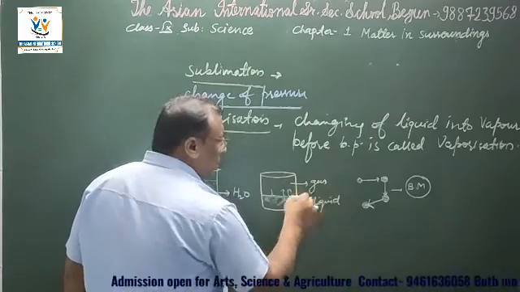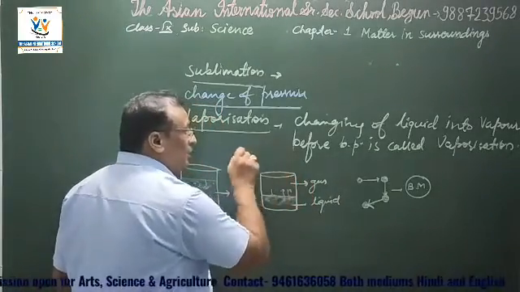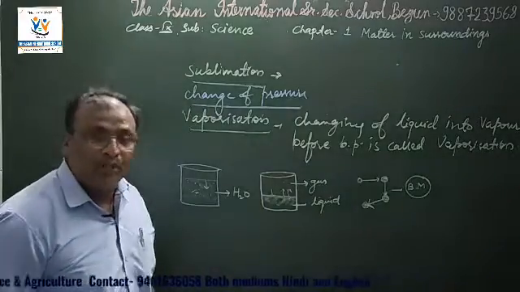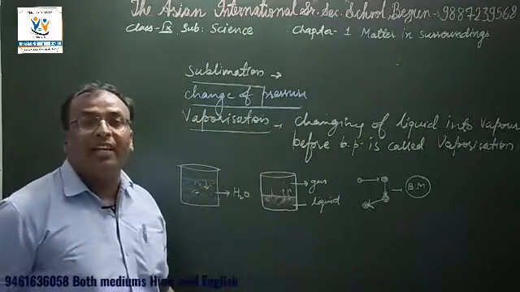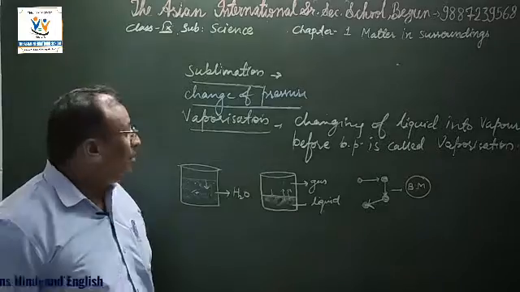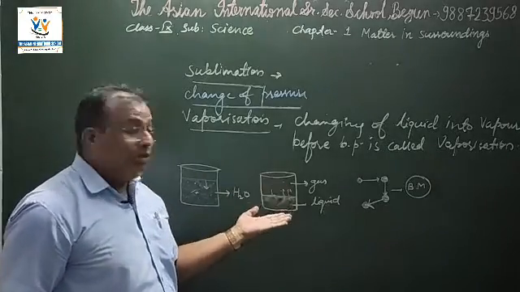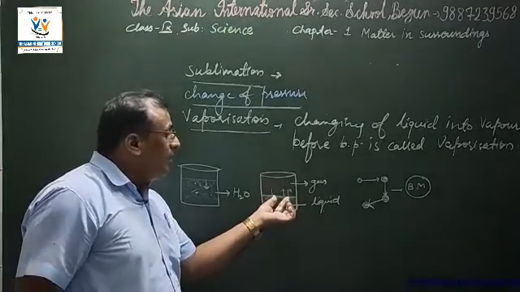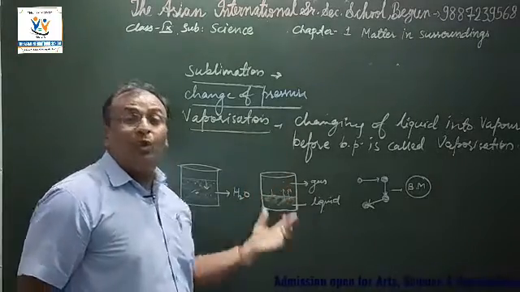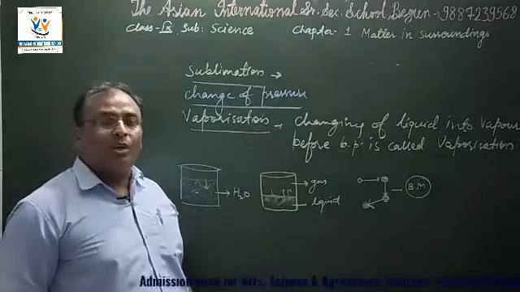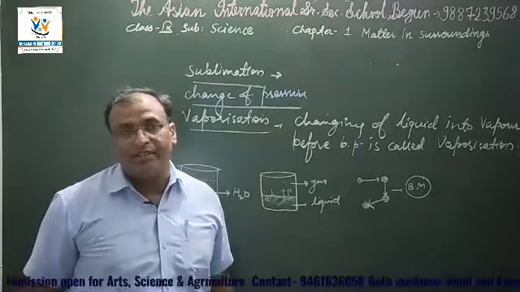When it changes into the gas state, it remains in the surroundings in a vapor state. So the change of a liquid into a gaseous state before its boiling point is called vaporization.